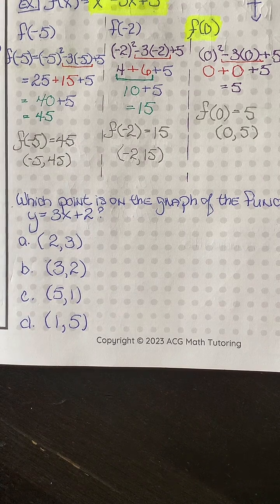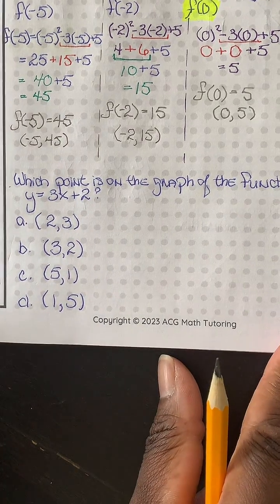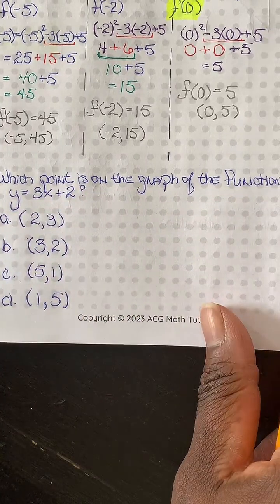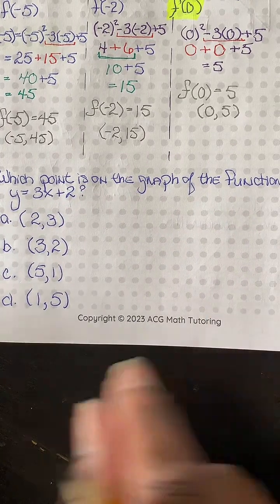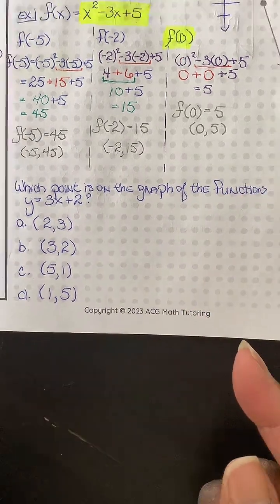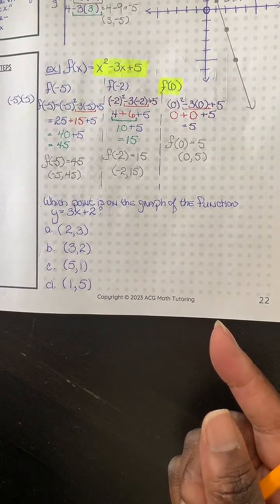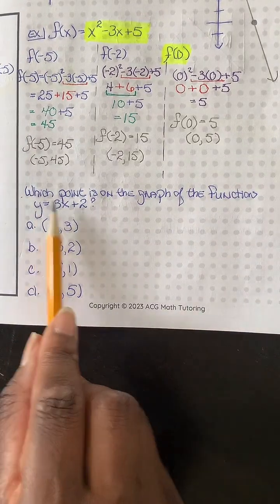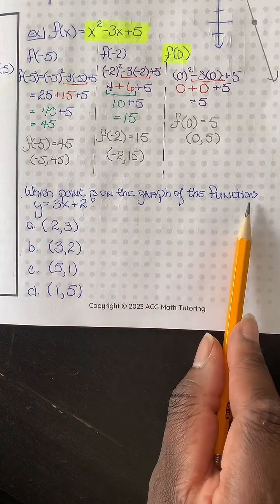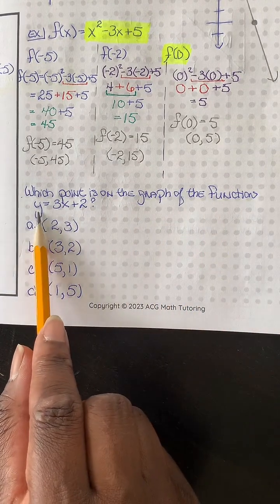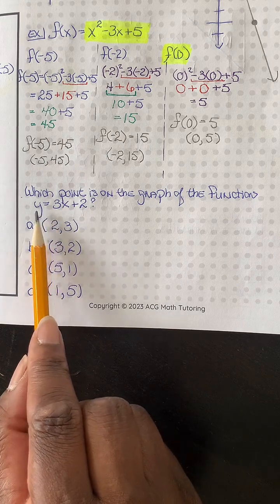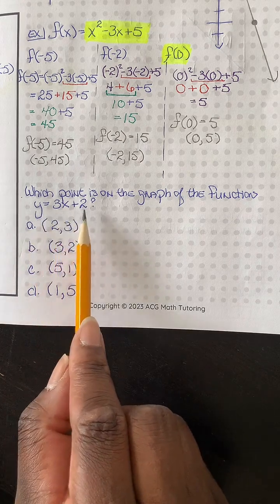Well, thank you, Guy. All right, so now here's a question for you. Which point, I know you can't see the whole thing because I'm trying to fit the words in. Okay, so which point is on the graph of the function, of course, I didn't put it in function notation. Shame on me. Okay, we'll say y equals 3x plus 2.